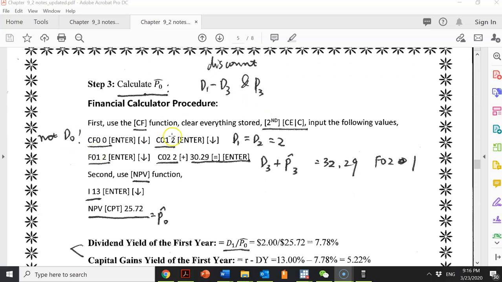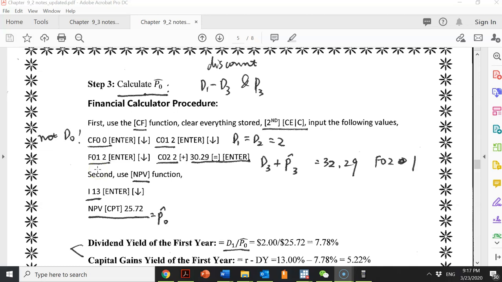So we input cash flow 1 as 2, cash flow 2 as 2, plus... Okay, so there are two ways. You could either input cash flow 1 as D1, cash flow 2 as D2, cash flow 3 as D3 plus P3, or you could input cash flow 1 as $2, and because D1 equals D2 equals 2, we can input frequency 1 as 2.